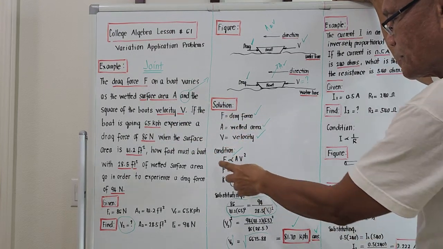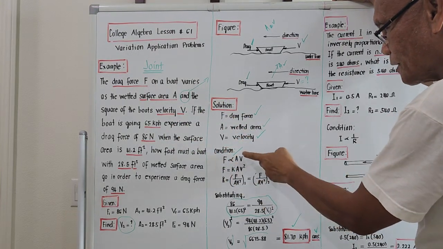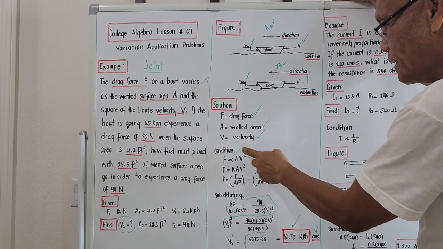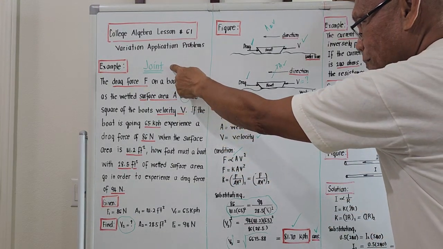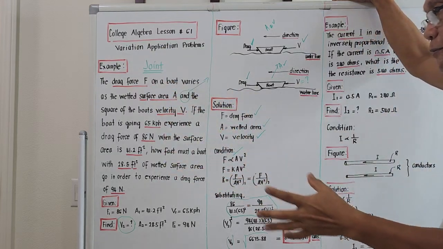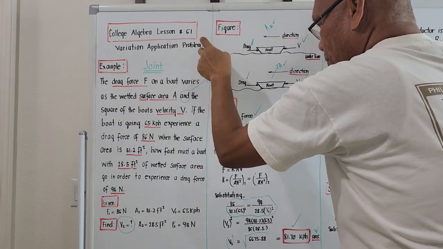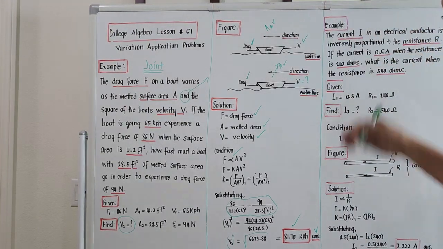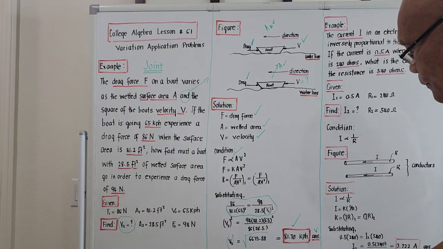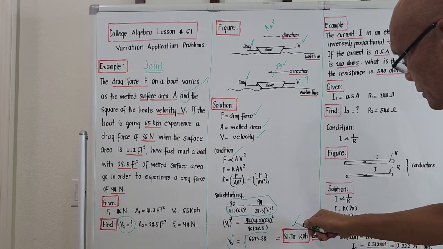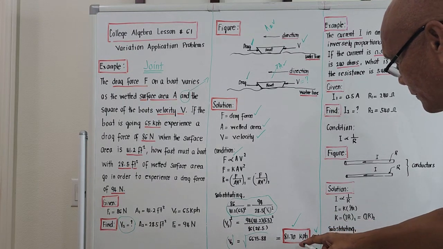It says the drag force is directly proportional to the wetted surface area and the square of velocity. That's why it falls under joint variation. That's why our topic for tonight is variation application problems. So after the substitution and simplification, the new speed will be 81.70 kilometers per hour.